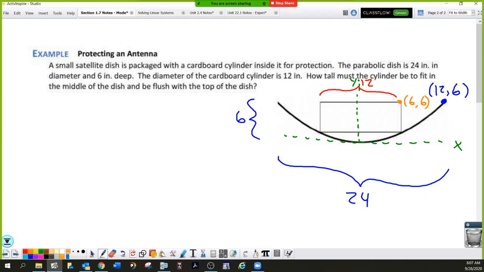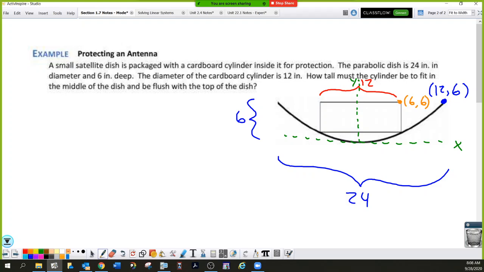Okay, what do we got going on? Well, we're talking about modeling with functions, right? We should probably write a function. How about a function for the parabola? It's centered at the origin because we made it be like that, so life is good. Because when you write it in vertex form, it doesn't have the h or k.